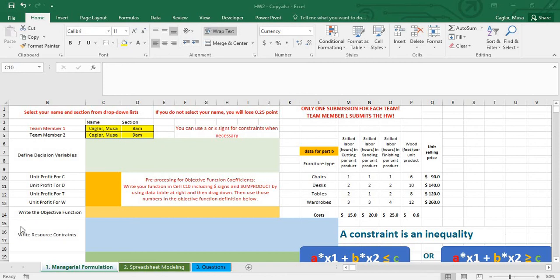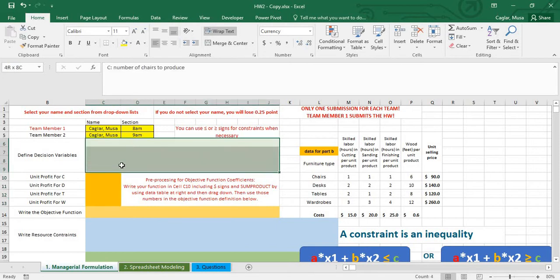In this video I'm gonna explain homework 2 problem 1. So we're gonna define decision variables. In the homework sheet I'm saying that please name your decision variables as C, D, T, W. As we discussed in the money problem, the similar idea, we're gonna say that our decision variables will be the number of units for chairs, desks, tables, and wardrobes.